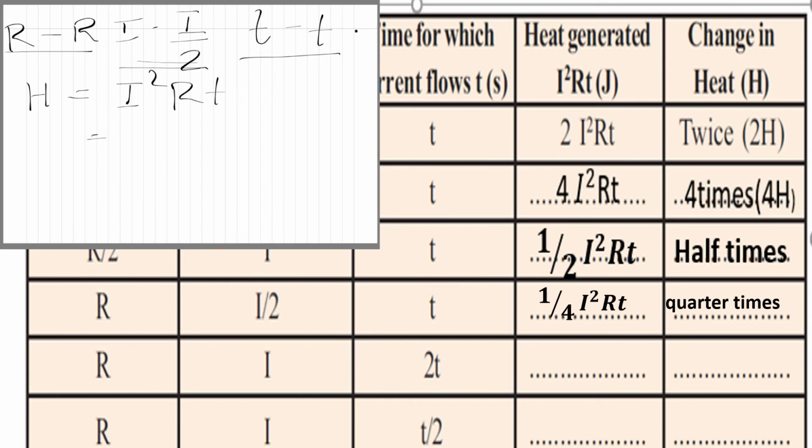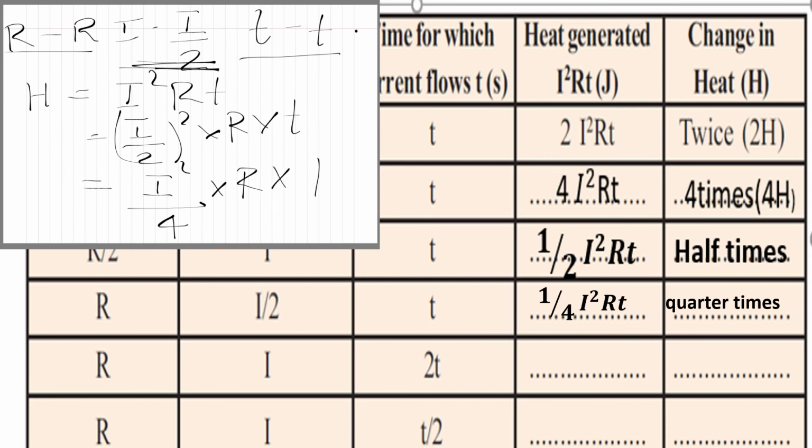Here I changes to half, so we write (half) squared R T, that is equal to I squared by denominator 2 squared, that is 4, into R into T. Then the heat generated will be a quarter, 1 by 4th of the original heat.